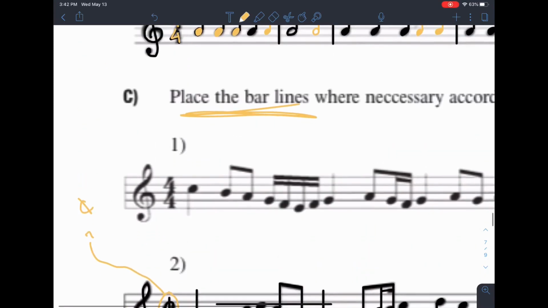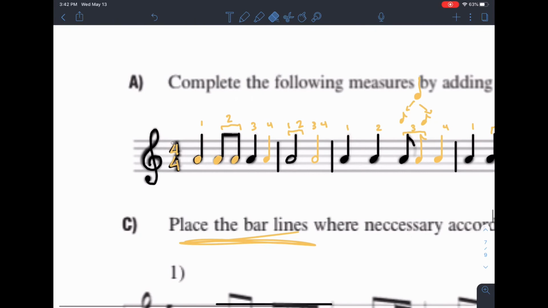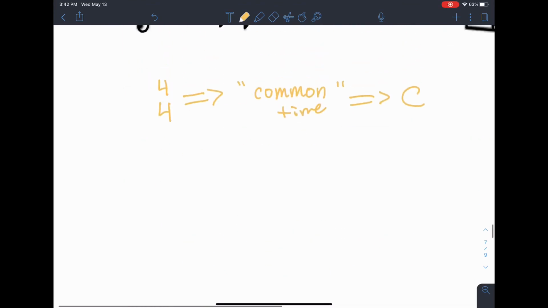So if you wanted to, you could replace this with a C. Now, when we see this, it is called cut time. Cut time, because we're cutting this C in half. And this is the same thing as 2/2. Right? Cut time is equal to 2/2.